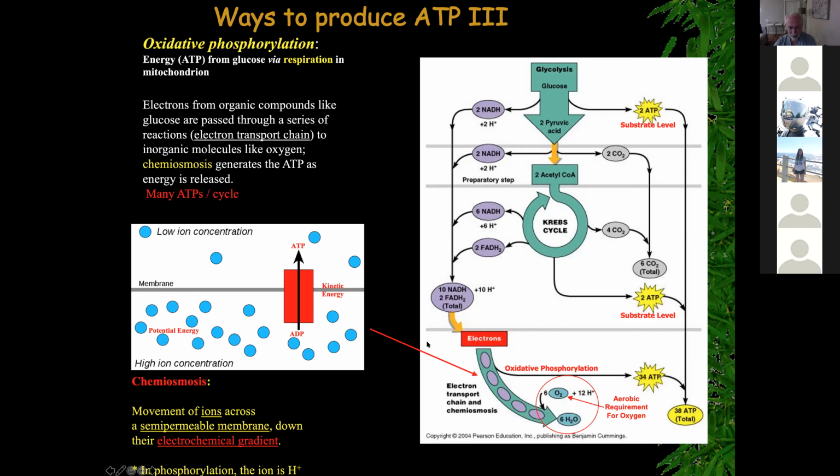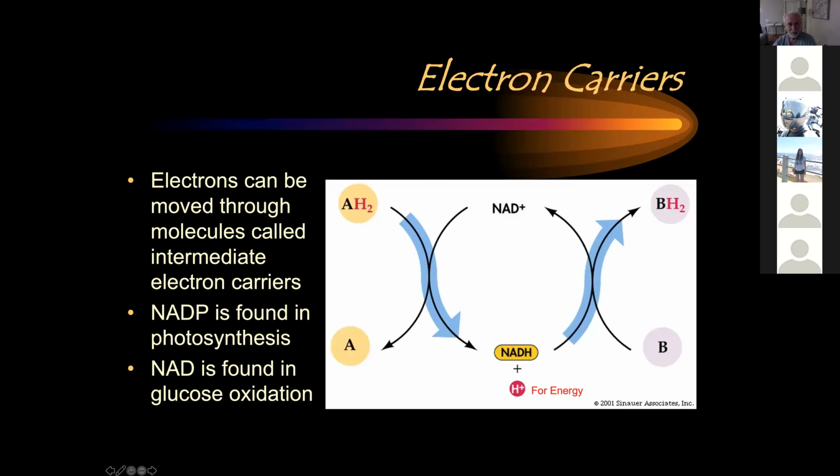But if you recall, I want to remind you what an electron transport chain is. And I refer you for an animated version of this. We looked at a video last time, and that video is in the recording. So if you want to go back and visualize how electron carriers work, take a look at that video.